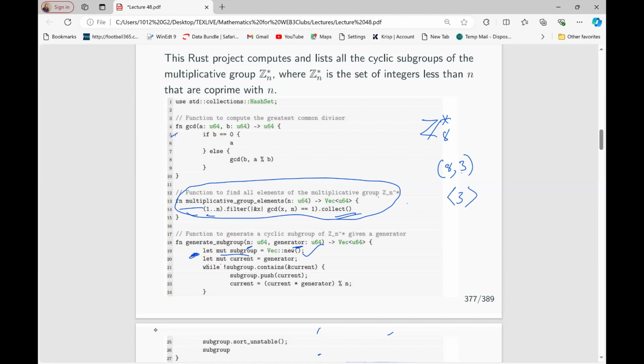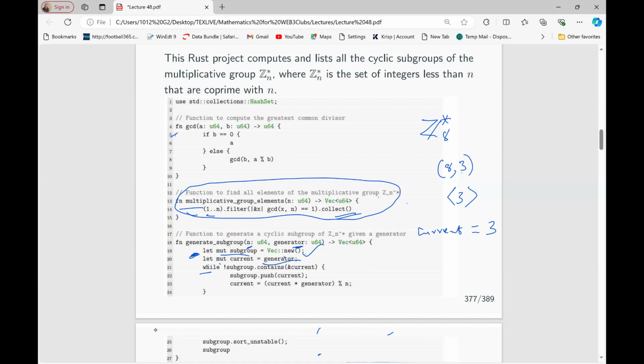At this point, it's saying the subgroup is empty. The current is 3, the generator. Is that okay? The current is the generator.